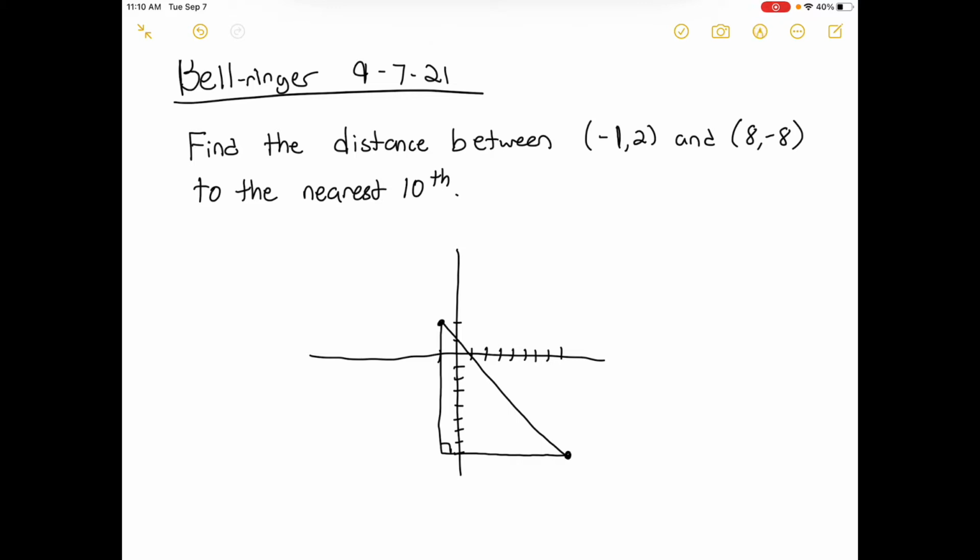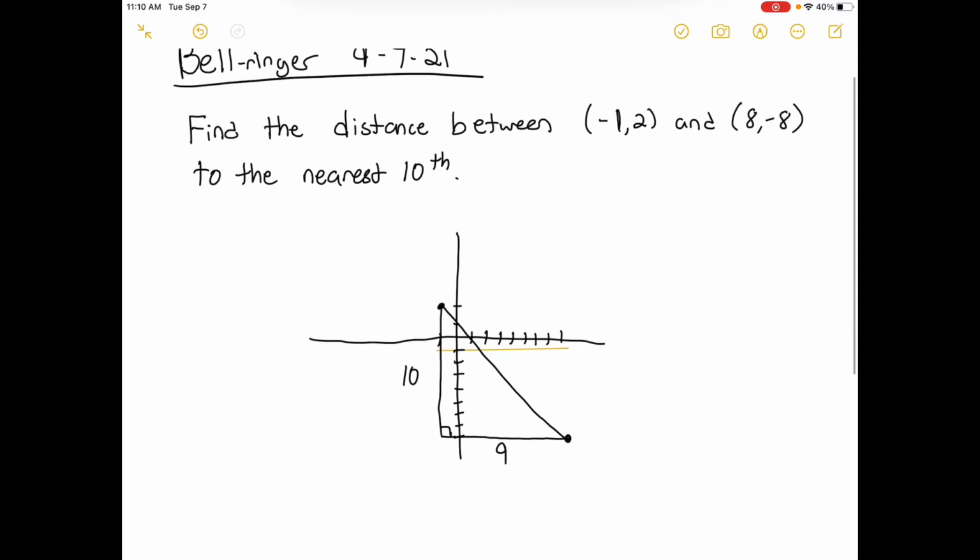Okay, so let's figure out our up and down distance and our side to side distance, or our y distance from -8 to 2 would be 10, and from -1 to 8 would be 9.